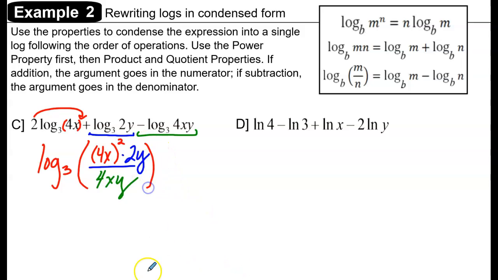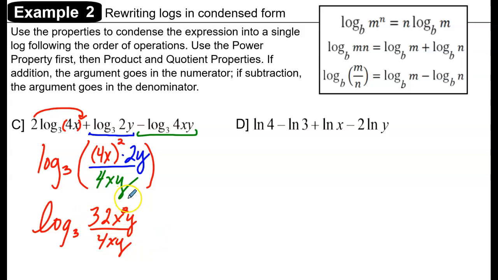Okay, now we're going to do some simplifying. So we've got our log base 3, and then in the numerator, 4 squared is 16, times 2 is 32 xy, and that's divided by our denominator 4xy. Oops, I forgot the square on the x. So 32 x squared y divided by 4xy.